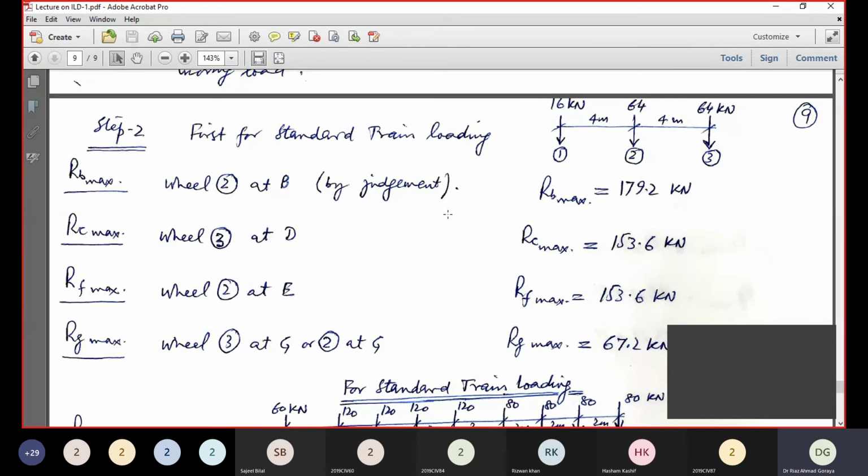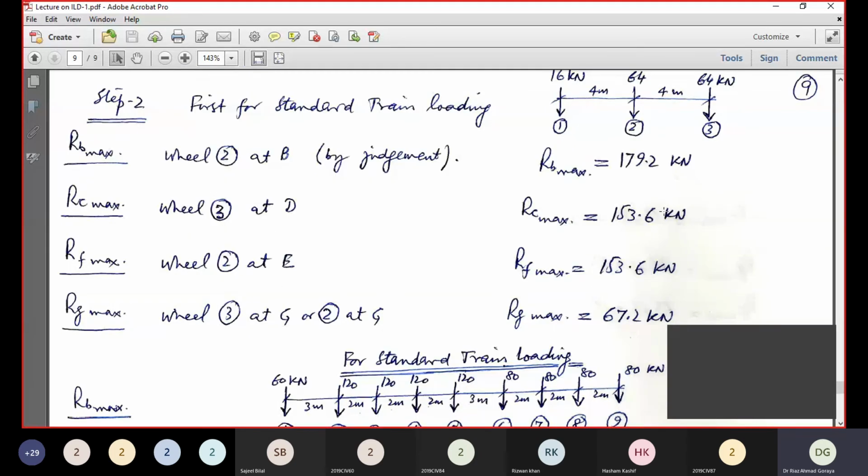You have to do this truck loading first. In the second step you have to do train loading. So I have given the points: RB max for standard truck loading, wheel 2 at B, RC wheel 3 at C, D, for RF wheel 2 at E, and for RG wheel 3 at G or 2 at G. These will be the answers.